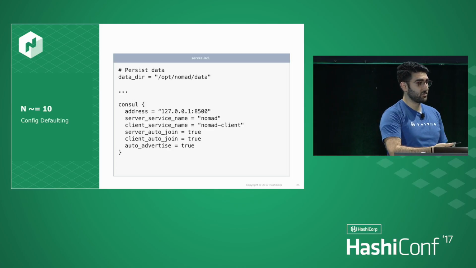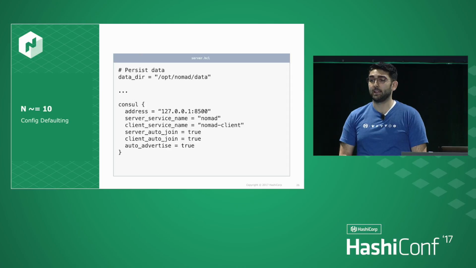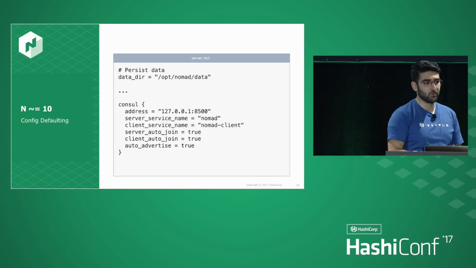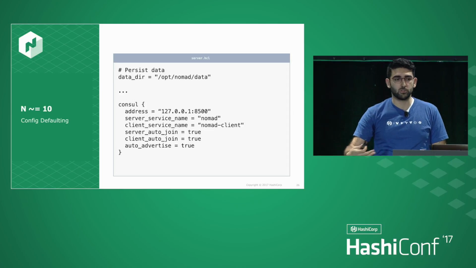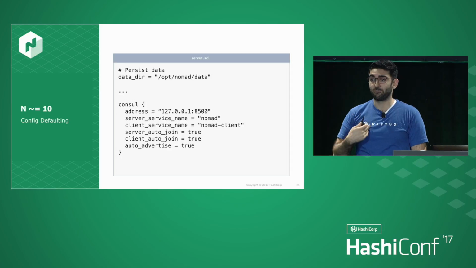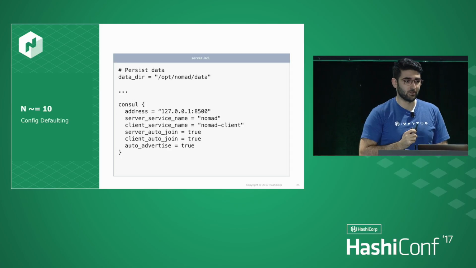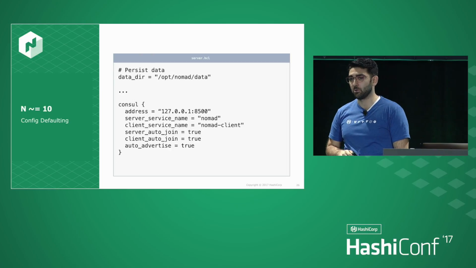And once it's registered itself, it will actually go read the catalog and find other Nomad servers and other Nomad clients. So when a server comes up, it'll find Consul, register itself, and find, hey, I'm running in region foo. What other servers are in region foo? And then automatically bootstrap a highly available cluster for you.